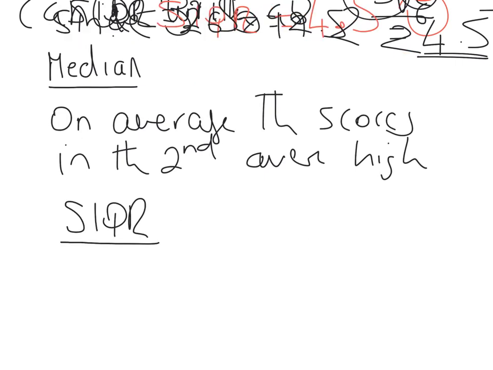We're now going to make a comment on the semi-interquartile range, which is a comment on the spread. So the SIQR in the first round was 4.5, the SIQR in the second round was 2.5.